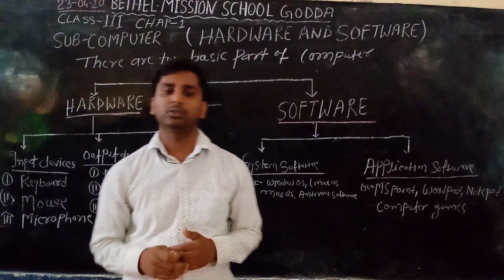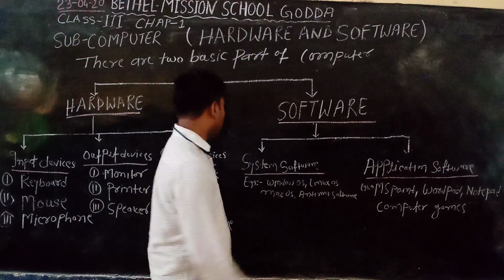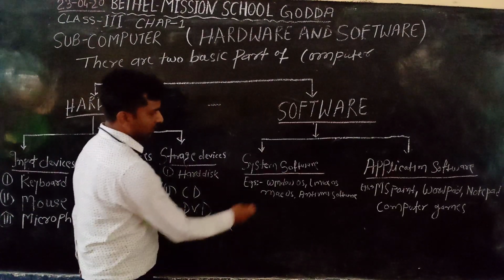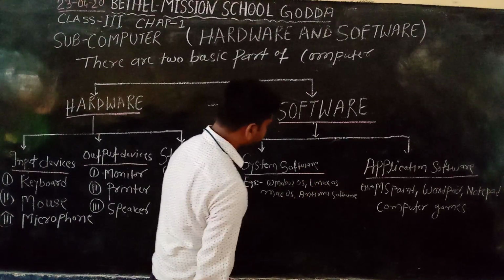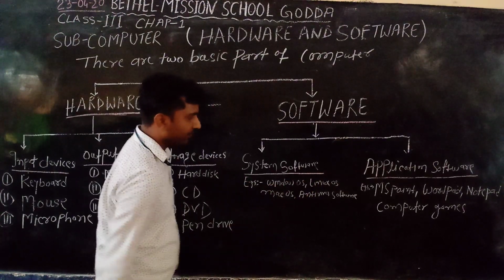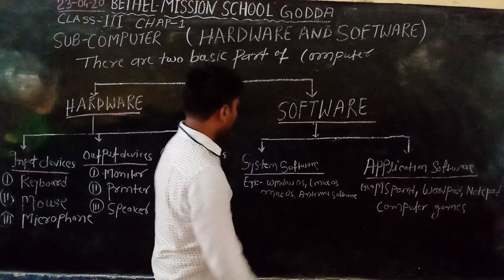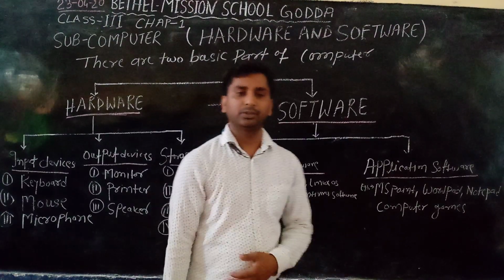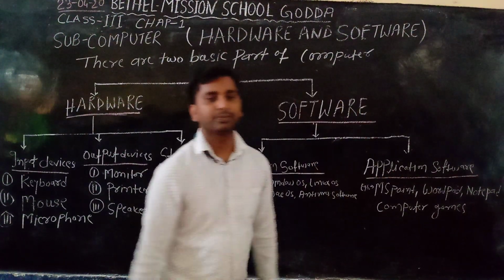It controls the overall working of the computer. Some examples of system software: Windows operating system, Linux operating system, Macintosh operating system, antivirus software. So these are system software.